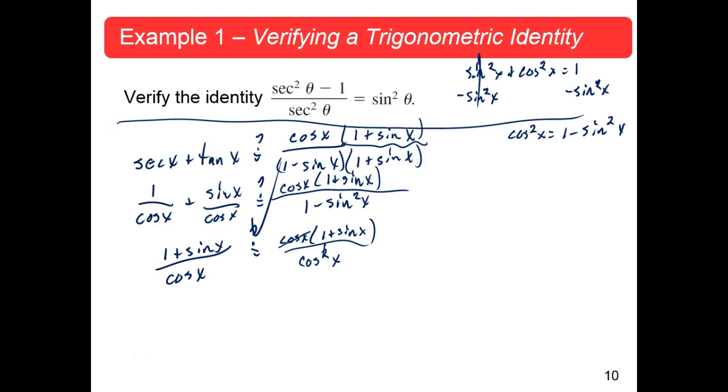As long as all the steps you do are fair and square, all the way down, and all these steps are fair and all accounted for, if you can get these two to equal each other, you've shown the identity is true. That thing doesn't look at all like what we started with, okay? But when you do enough steps, you can get them to be the same. Just don't cross the equal sign with doing any of these things. Do each side independent of the other. Make sense?